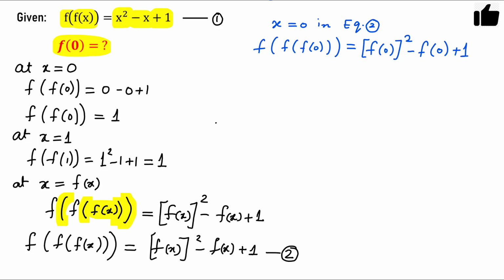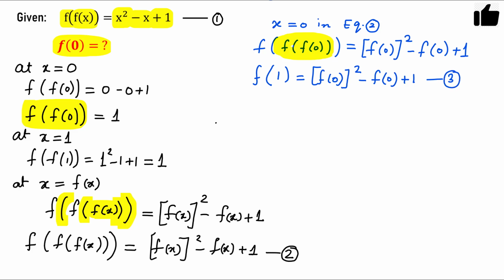And f(f(0)) we have already calculated to be 1. So now I can plug this value: f(1) = (f(0))² − f(0) + 1. Let us call this equation 3. We will need these equations later.